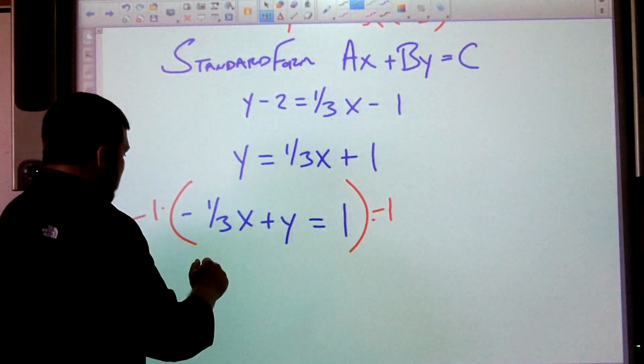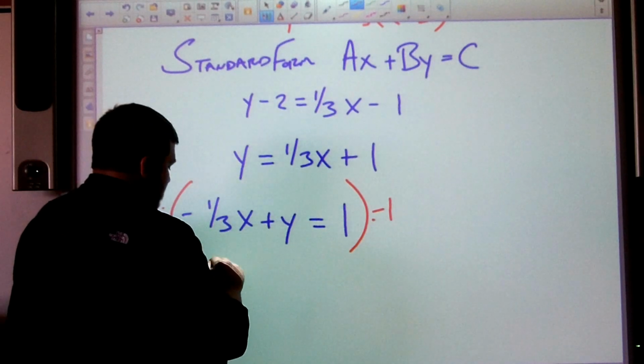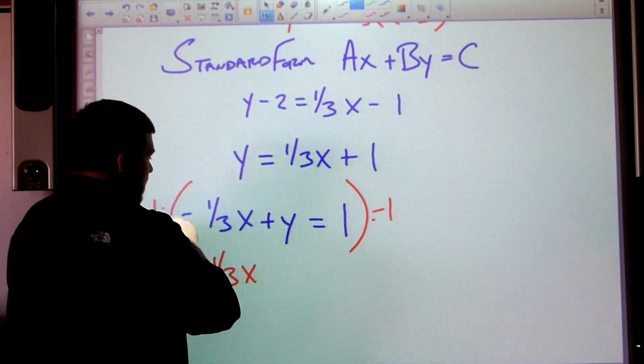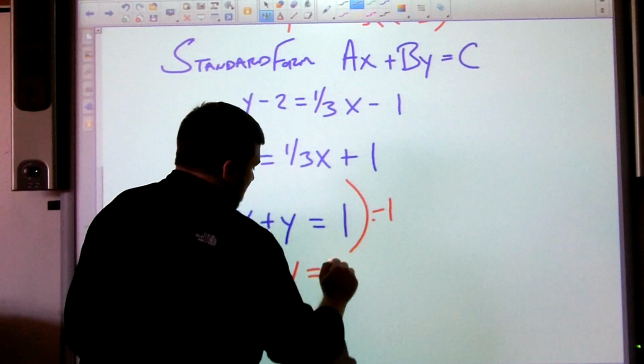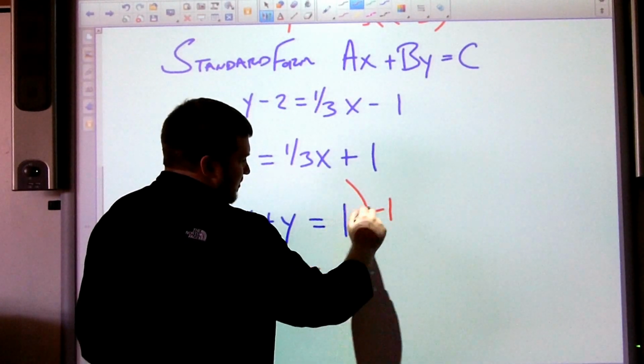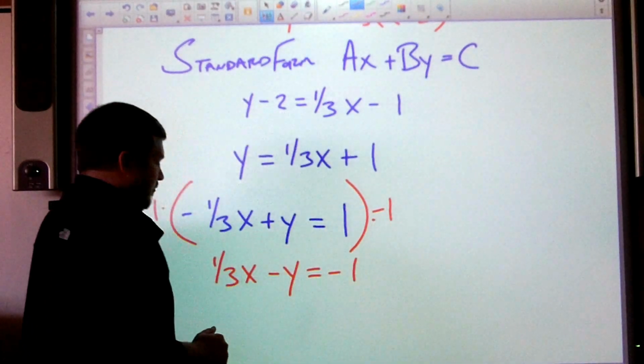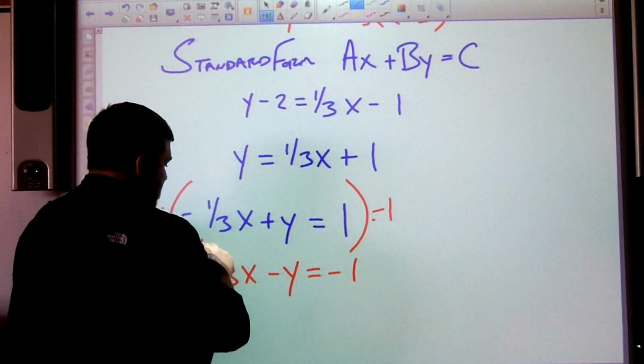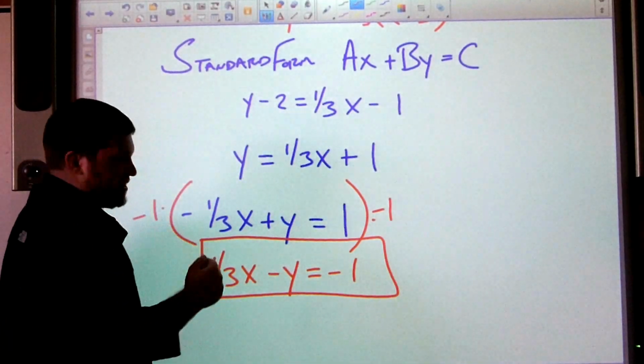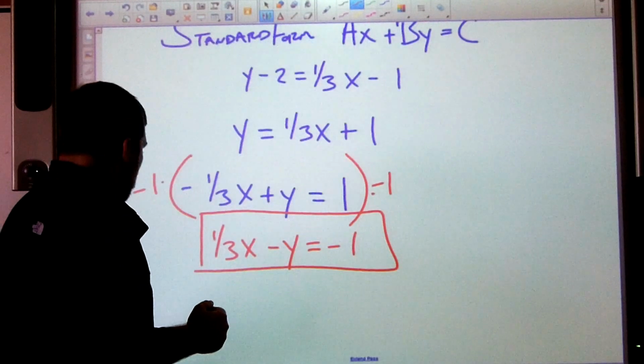All right, so on the left, negative, negative makes a positive, so 1/3 x minus y is equal to, on the right, positive times negative is negative, negative 1. So this is in standard form, and that is a unique solution.